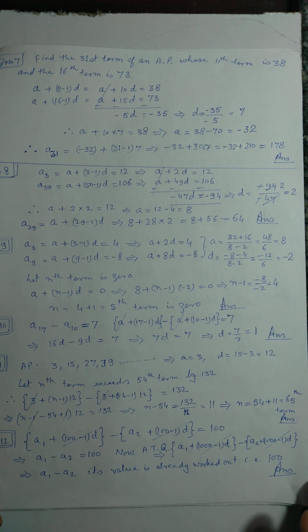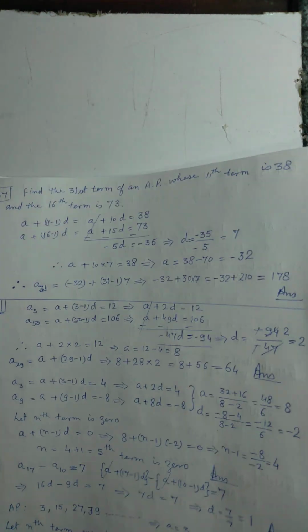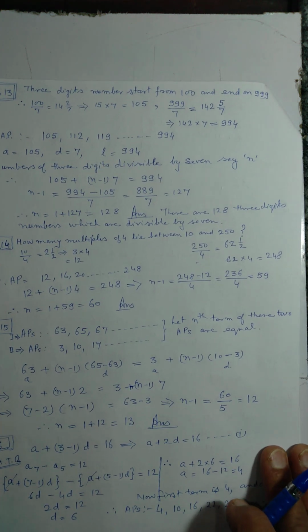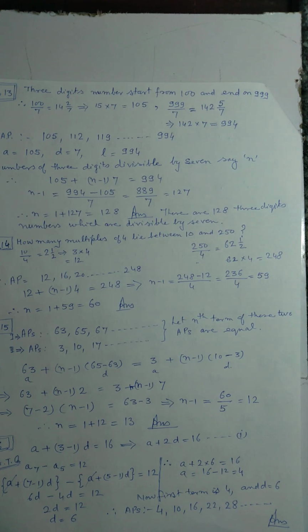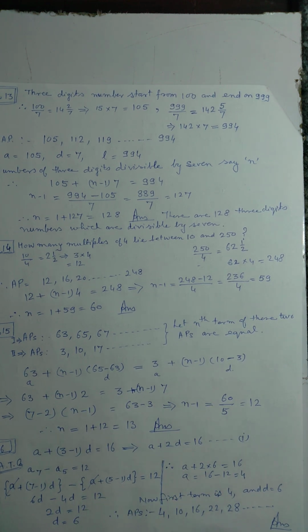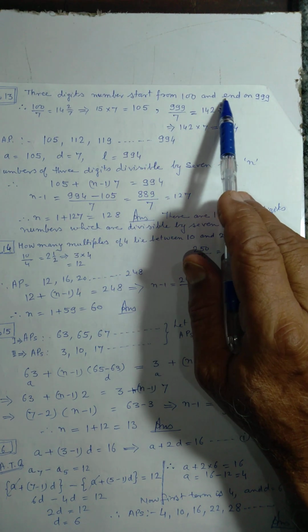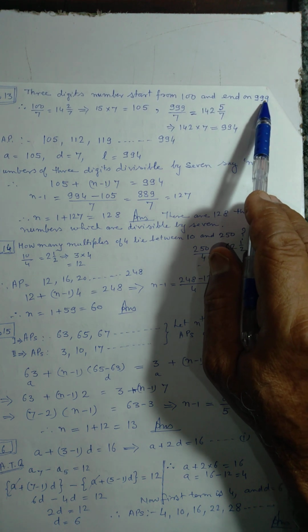So we have solved question number 12. Now proceed to question number 13. How many 3-digit numbers are divisible by 7? 3-digit numbers start from 100 and end on 999.